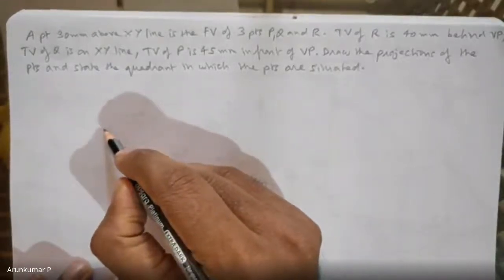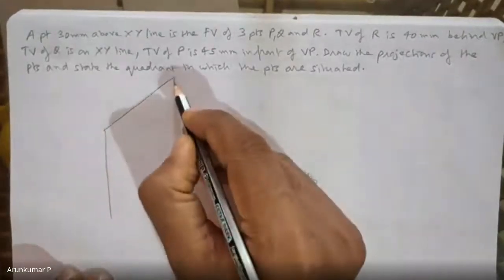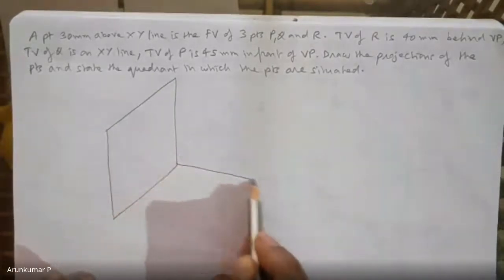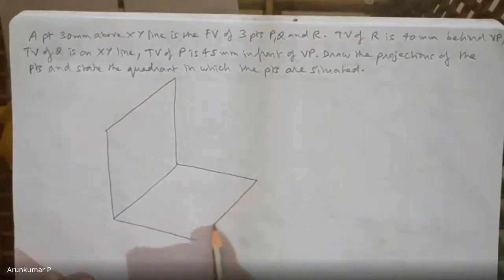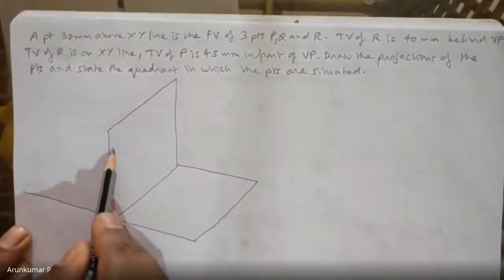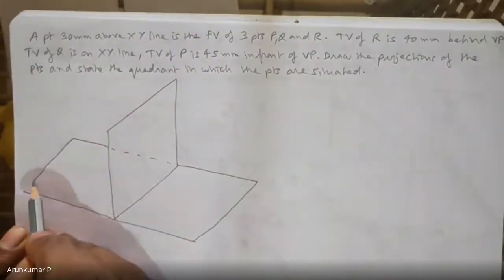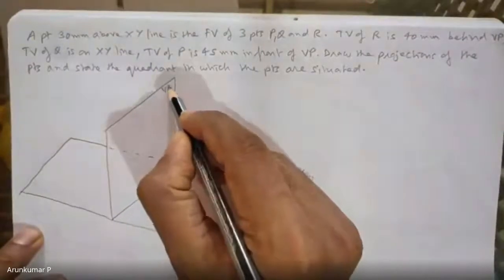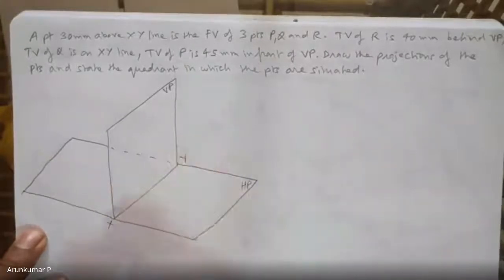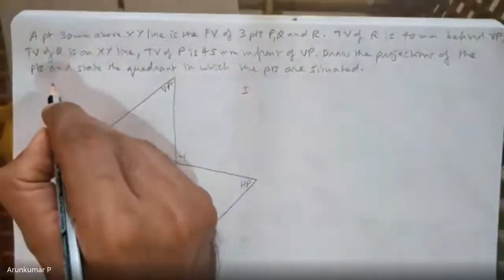So first quadrant, so you have VP, you have HP, you have the intersection at XY line, you have the first quadrant, you have the second quadrant.